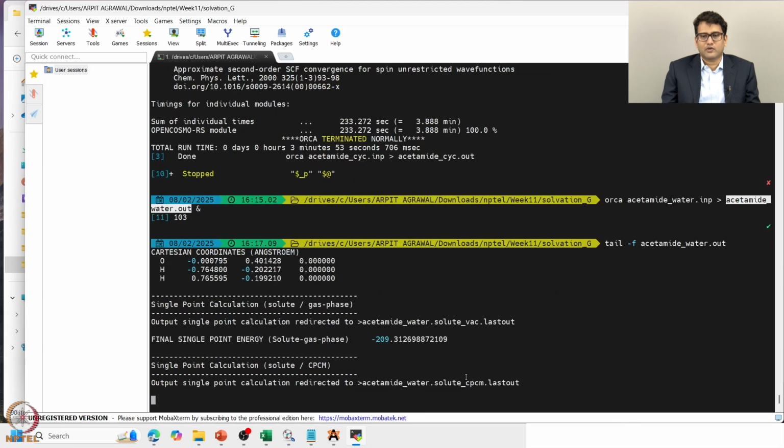So, this is the solute in gas phase, the second one will be solute in CPCM, and the third one will be solvent in CPCM.